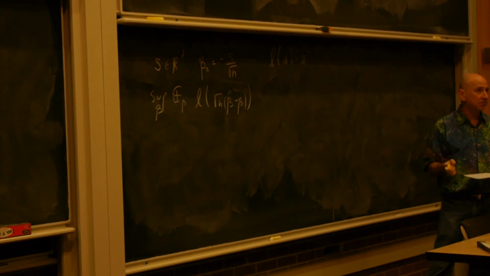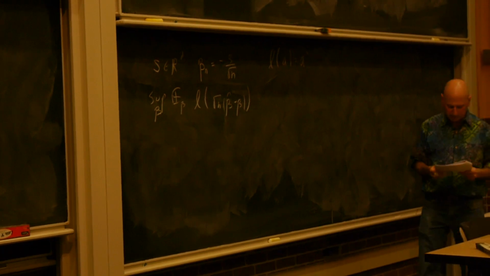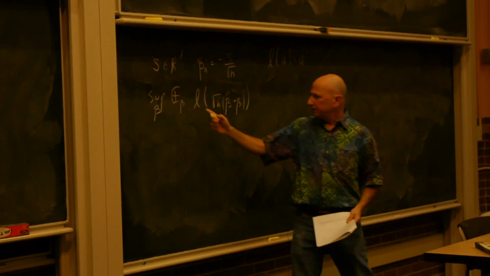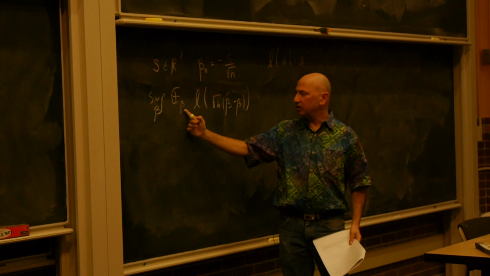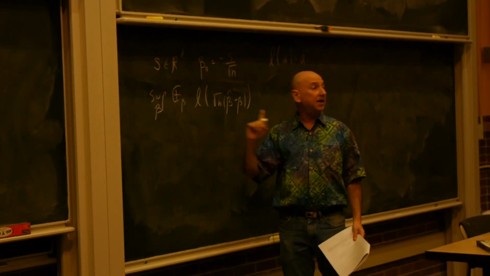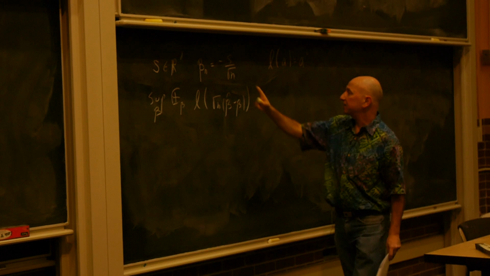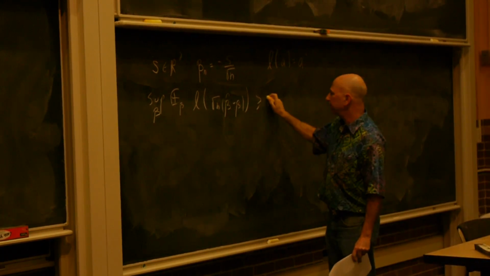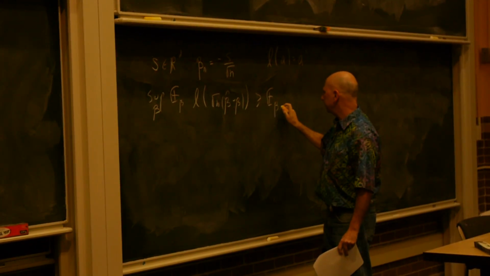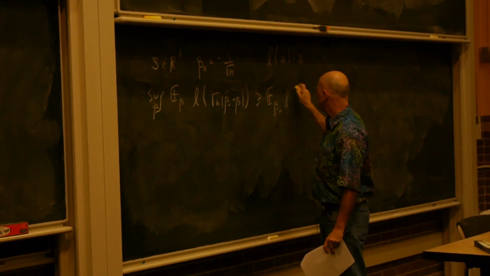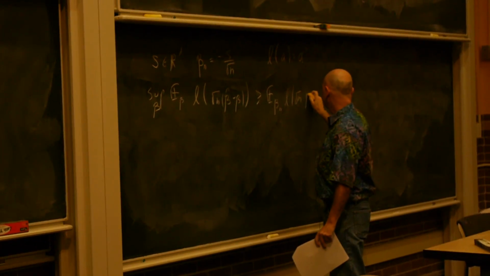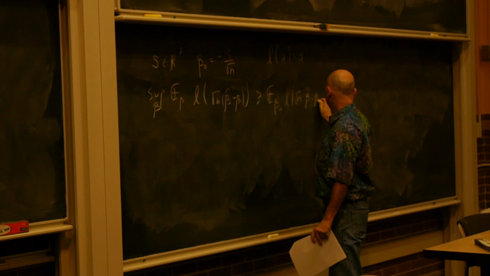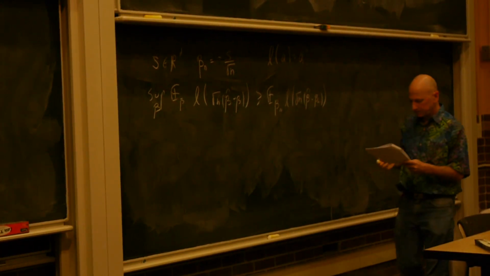When we're doing minimax theory, we're taking the maximum over all betas. The maximum over all betas is certainly bigger than or equal to the expected value at any particular beta. So I'm going to pick this particular beta. That's bigger than or equal to the expected value under beta n of the loss.